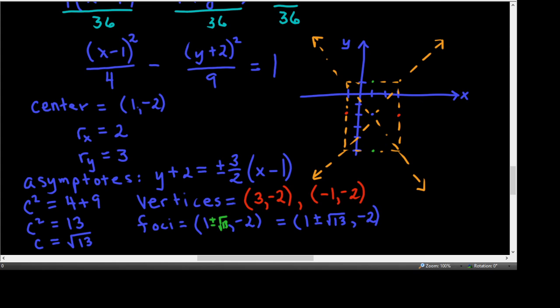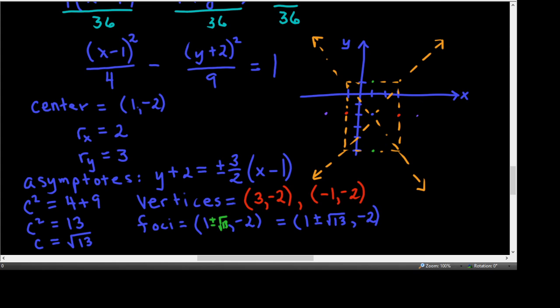Square root of 13 is somewhere between square root of 9, 3, and square root of 16, 4. So somewhere between 3 and 4. So if I went somewhere between 3 and 4 to the right, 1, 2, 3, 4 is about right there. And 1, 2, 3, 4 is about right there. Again, I'm not worried about perfection there because we're not really grading that.